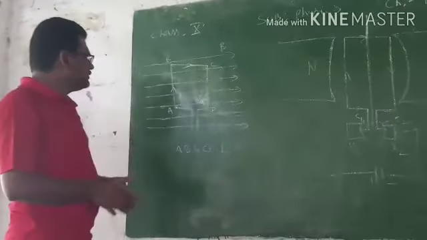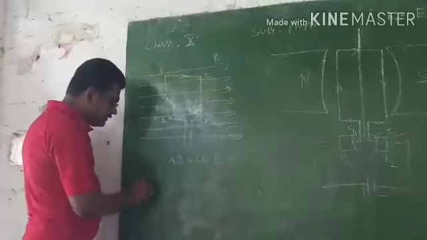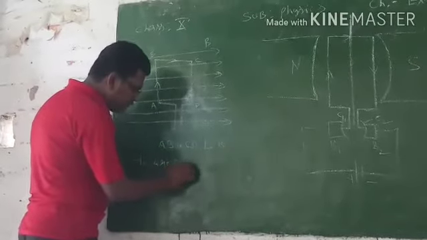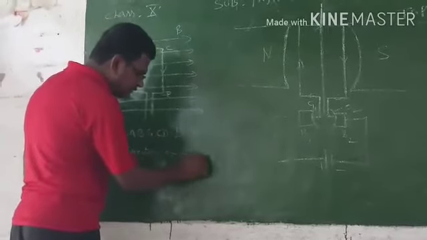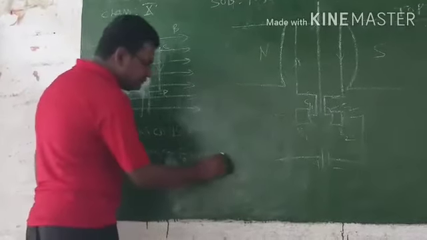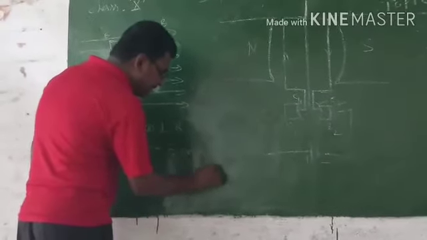So here the direction of magnetic force on AB is into the plane.